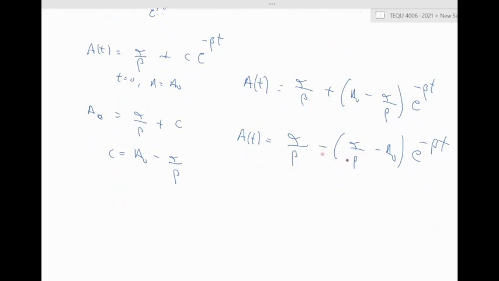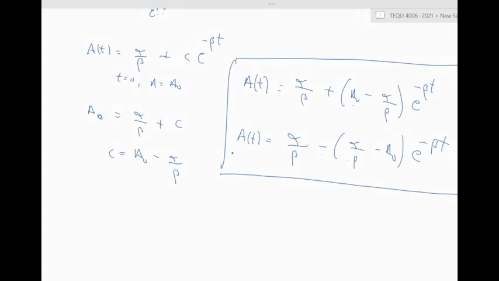If you multiply by minus 1 here, this will be minus, which is here, and minus times minus will be positive, which is here. It's the same equation. So we end up having the same result, but it looks to me that it was a lot easier using integration factor than doing variable separation.